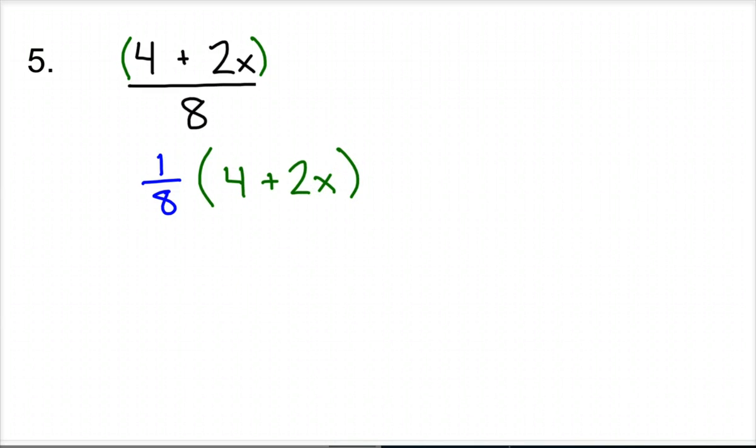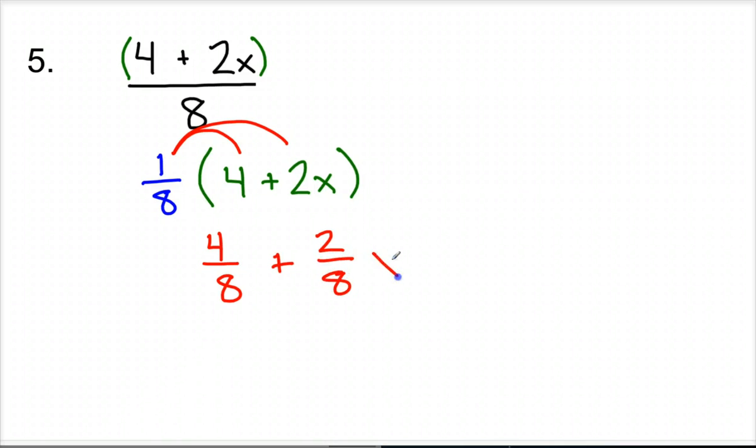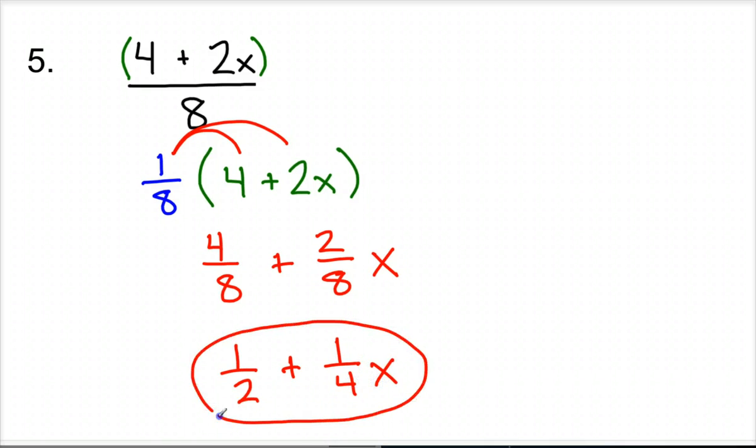Now when I take my 1/8 times 4, I end up getting 4/8. And when I distribute my 1/8 to my 2x, I get plus 2/8 x. Now in this case, your two fractions will reduce. 4/8 reduces to 1/2, and 2/8 reduces to 1/4. So my answer to this would be 1/2 plus 1/4 x.